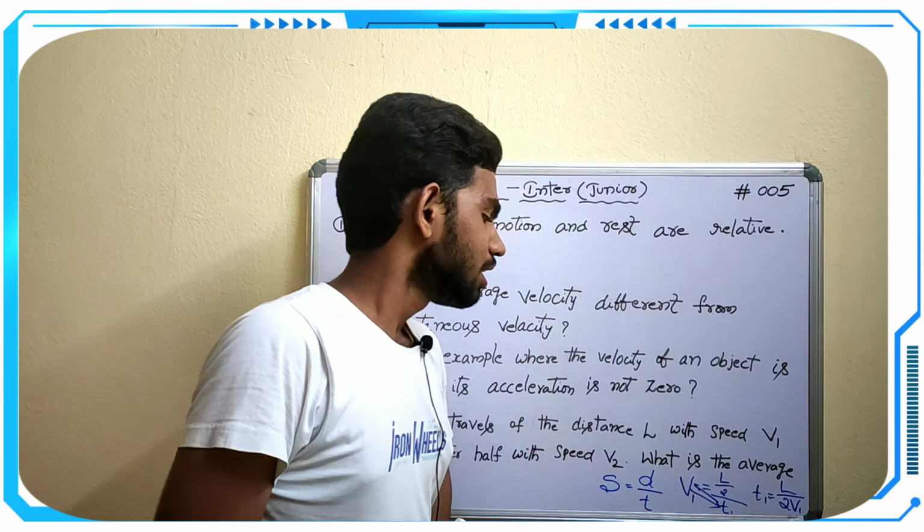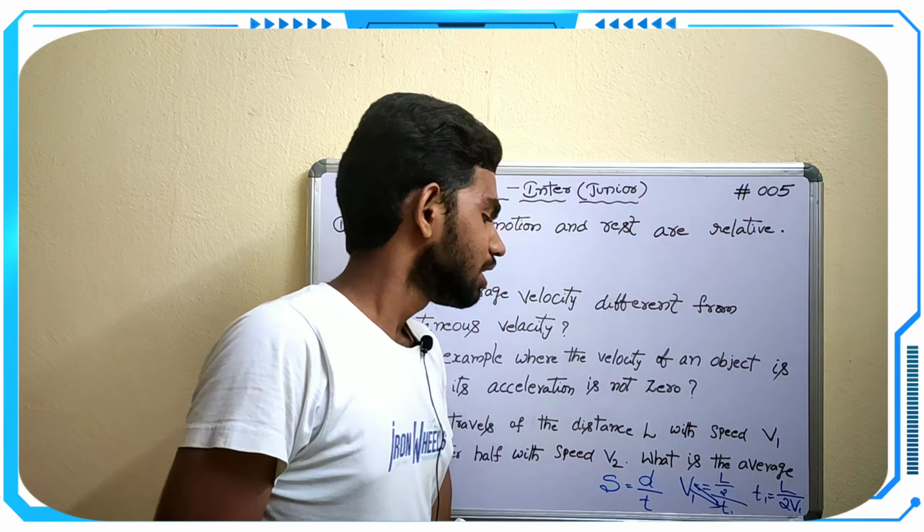So we get L divided by L by 2 into v1 plus v2 by v1 v2.